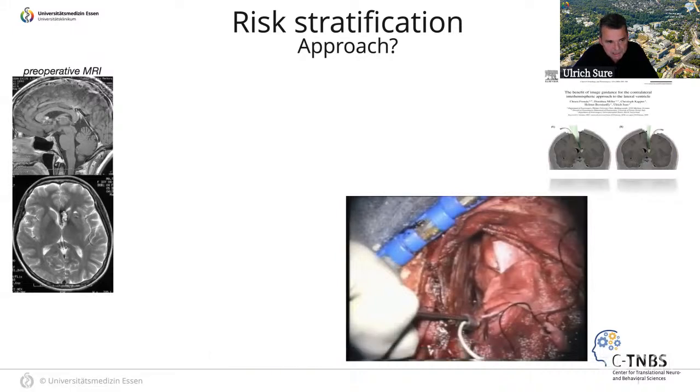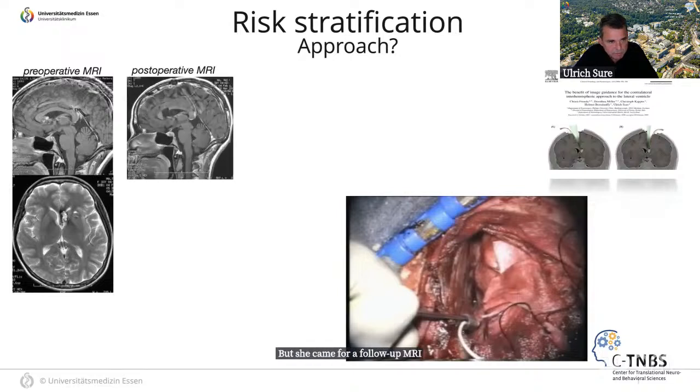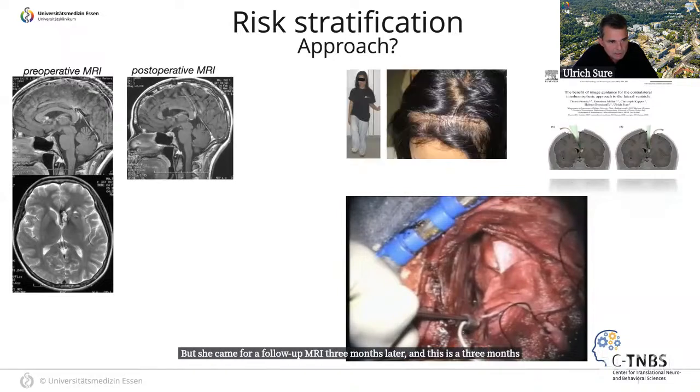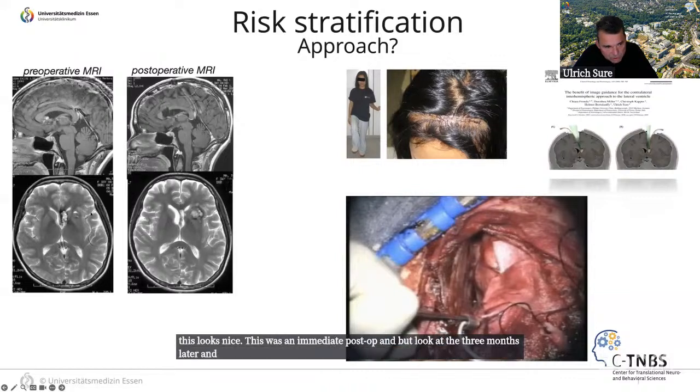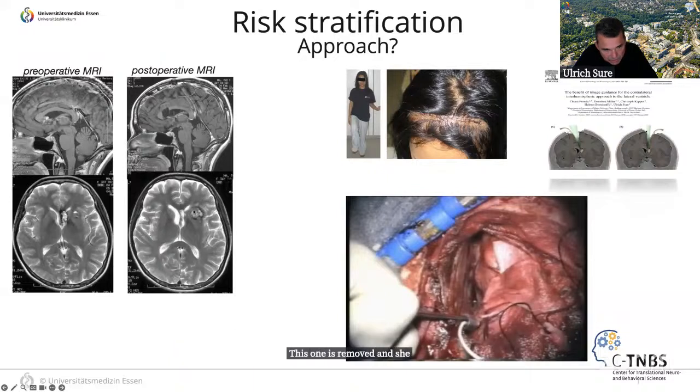But she came for a follow-up MRI 3 months later, and this is the 3-month follow-up. This looks nice. This was an immediate post-op, but look at the 3 months later, and she drove crazy because this one is removed, and she had a hemorrhage in between in the other one. And she drove completely crazy.